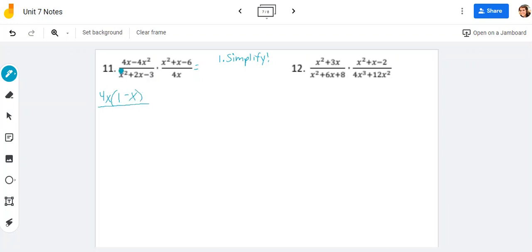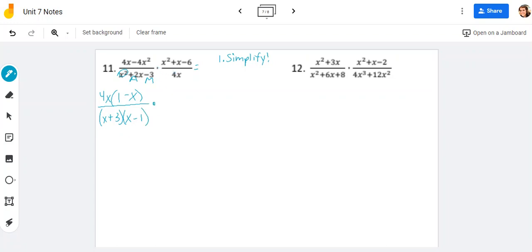In the denominator, I've got x squared, and I have 3 terms, so I'm going to need to factor using some magic numbers. So I need 2 numbers that multiply to -3 and add to +2. So I can choose, let's see, +3 and -1.